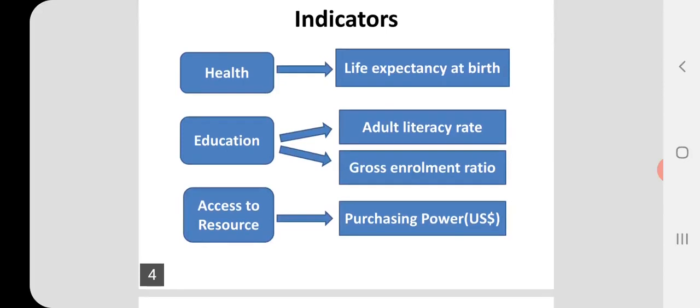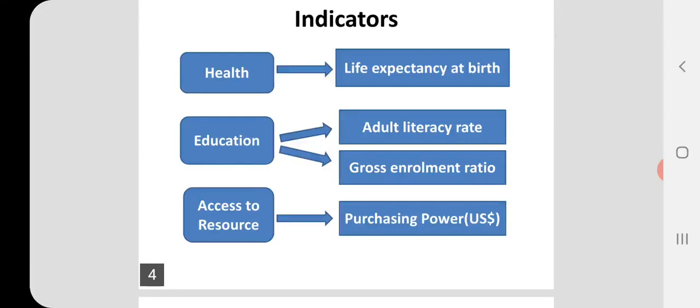Next are the indicators of human development. The main three indicators of human development are health, education and access to resource. Health is measured by life expectancy at birth.